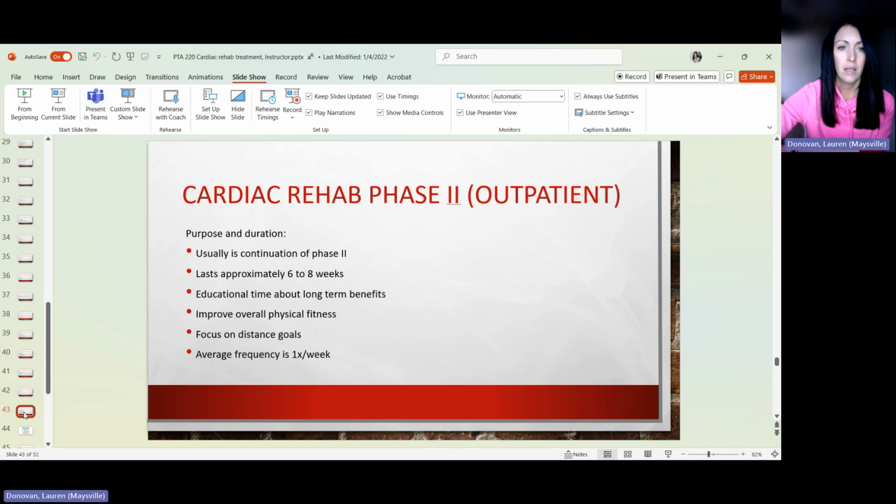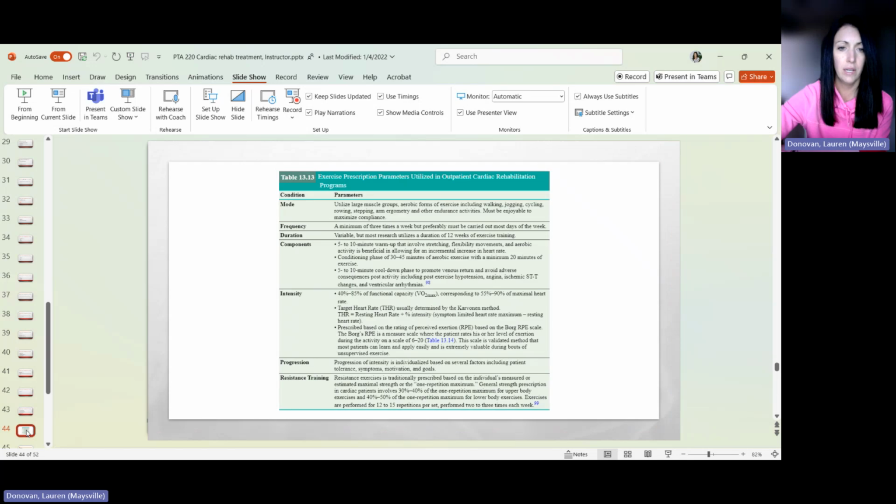So the purpose and duration could last approximately 6 to 8 weeks, educating them on how it can improve their overall fitness and focus on their goals, looking at the PT goals and average frequency. Like I said, I don't know any PTs or PTAs that have worked in cardiac rehab outpatient, but it doesn't mean that you can't. So I'm sure you can.